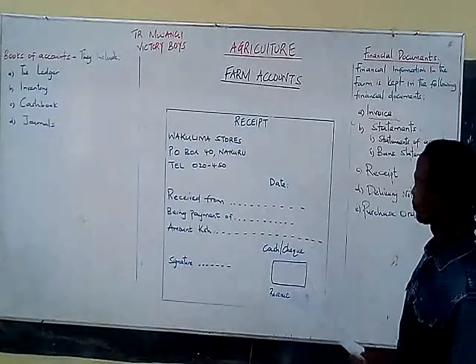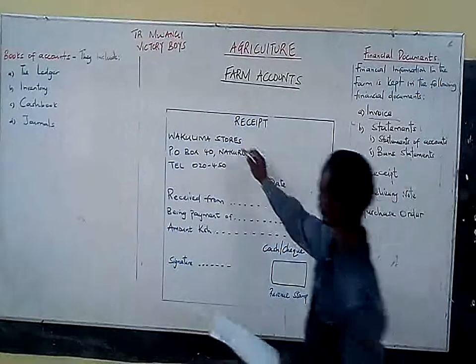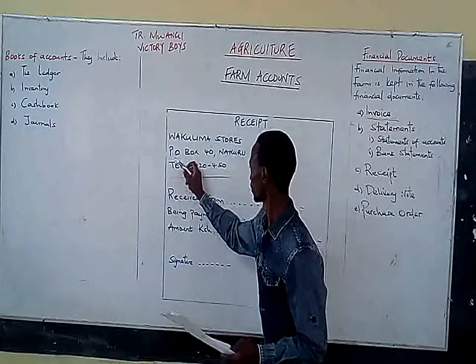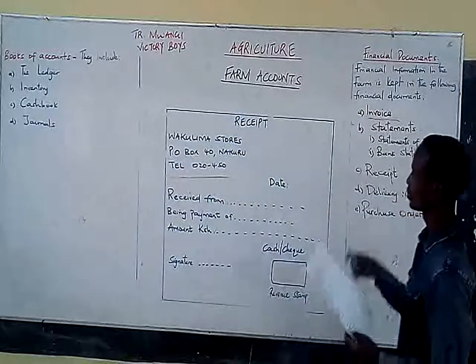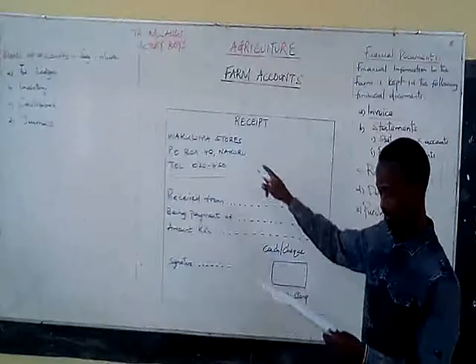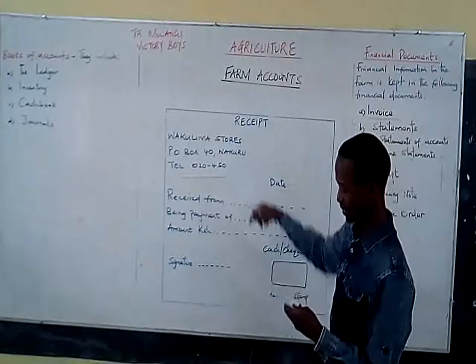Then it also has the farm's letterhead. This is the farm's letterhead: Wakulima Stores, and it also contains the address, PO Box 40 Nakuru, telephone 020-450. So that is the letterhead.